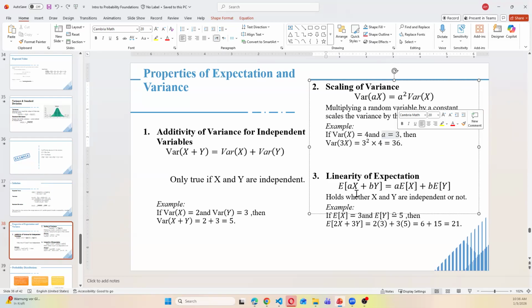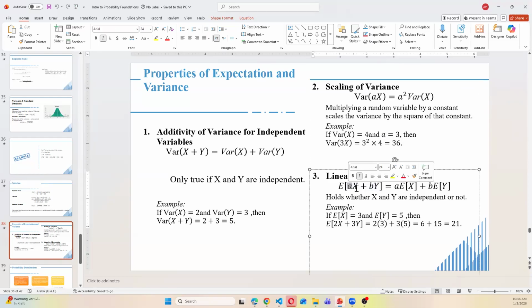Linearity of the expectation: if there is any constant, you can bring it out. You can find the expected value of x, then multiply by this constant. This holds whether or not they are independent. For example, if the expected value of x is 3 and of y is 5, and you have 2x, you can take the 2 outside for the expected values. Then 2 times 3 is 6, and 3 times 5 is 15.